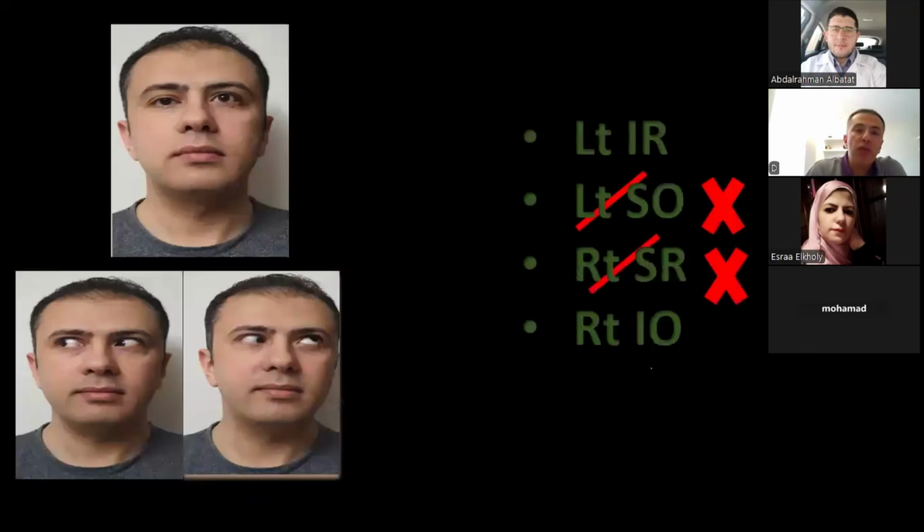What about scenario number 3? Left over right, that is worsened in left gaze. So now I'm suspecting affection of the left inferior rectus or right inferior oblique. So to differentiate, right head tilt will show worsening of the left over right, but will improve on left head tilt.